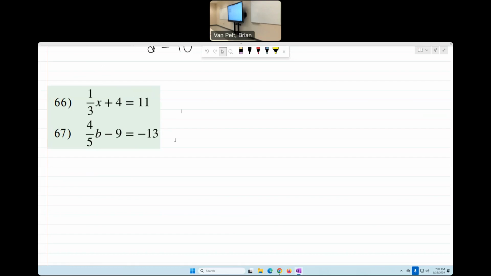Correct. What should we do? We start with the way. So you divide, you gotta do it to the other side though too. If you divide the left side by 1/3, you have to do it to the right.